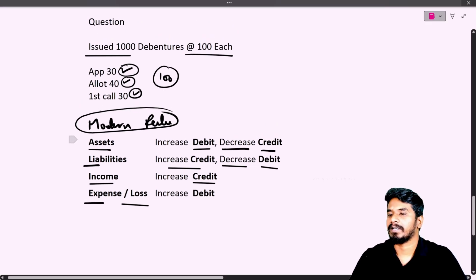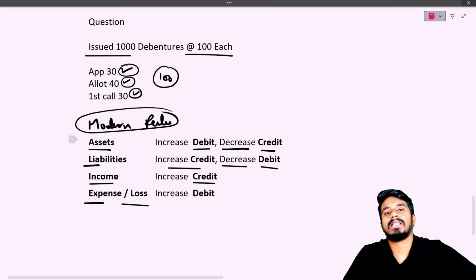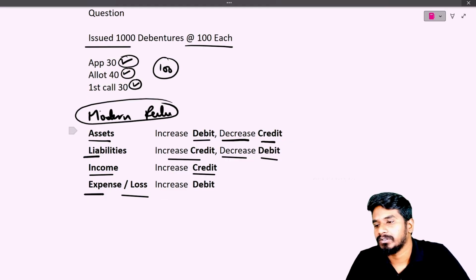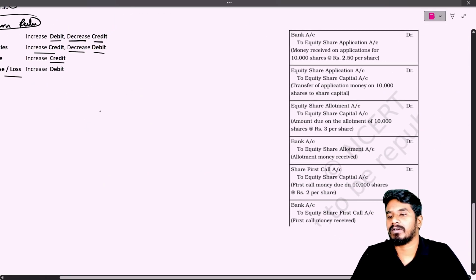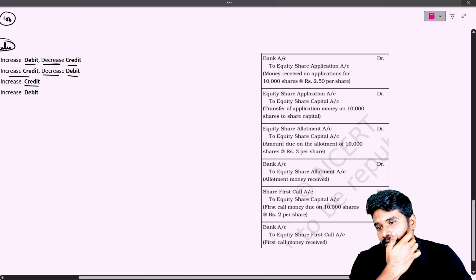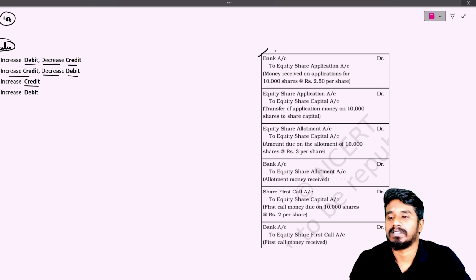Let us see the journal entries, and also the journal entries of issue of shares. The same entries but the name changes. See, these are the entries of shares. Let me write it.